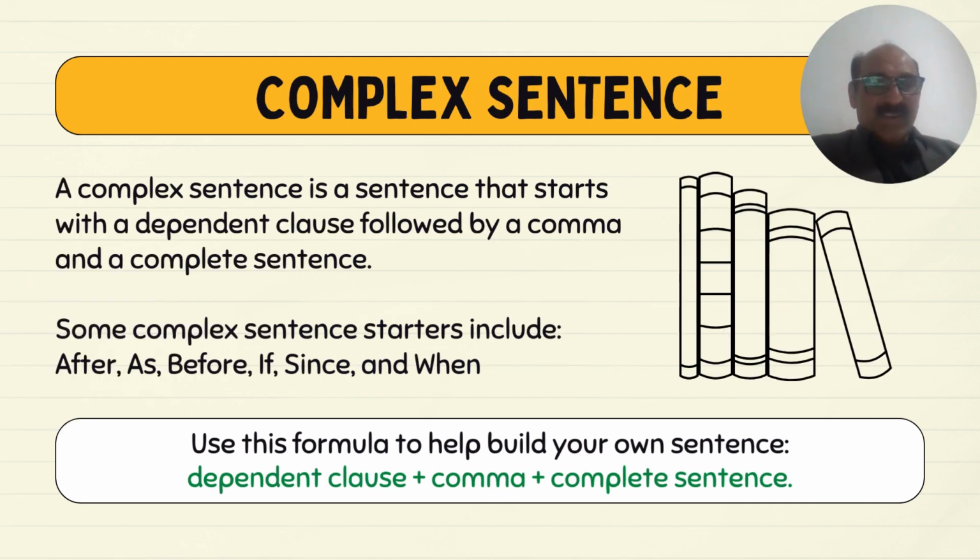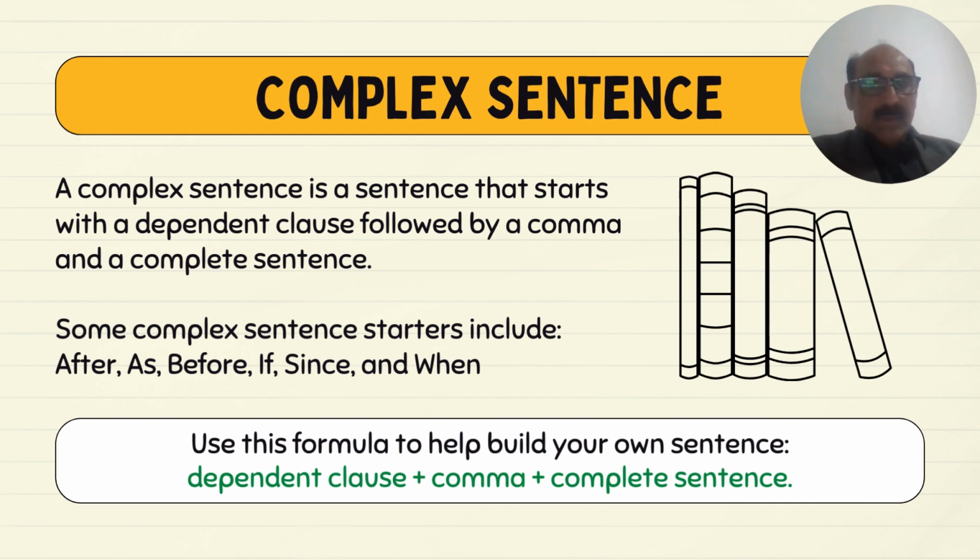Now, the second structure that is mostly used in writing is complex sentences. A complex sentence is a sentence that starts with a dependent clause followed by a comma and a complete sentence. Now, if you want to know further about clauses, dependent clauses and independent clauses, you can watch my separate video.